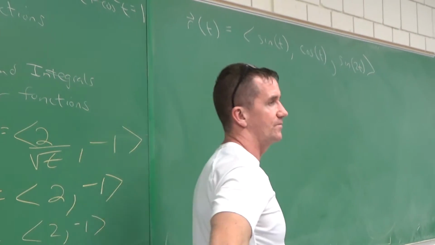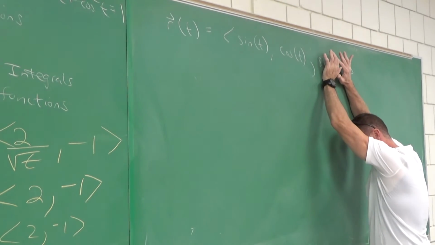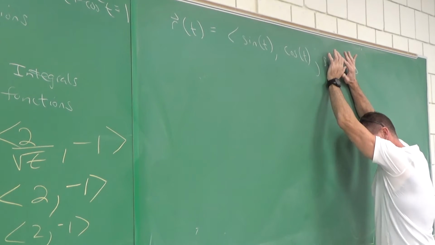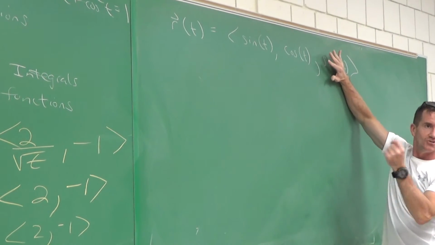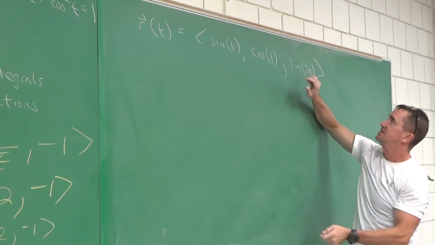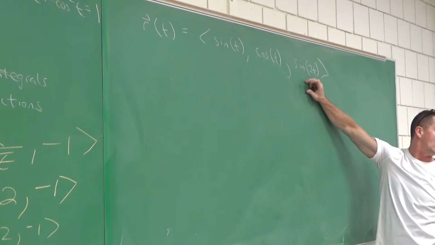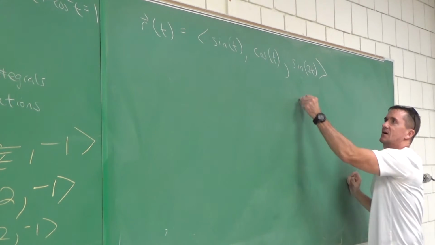Now all three have trig functions. Can you first tell me about x and y again? What's the relationship between x and y? Don't you have a circle again? Traveling in this circle pattern. But then this z component is now a trig function. Trig functions are periodic, aren't they?